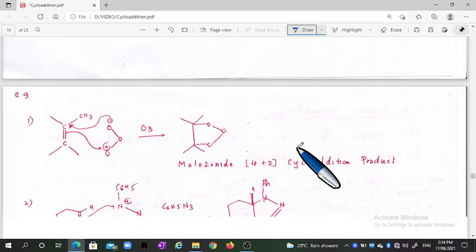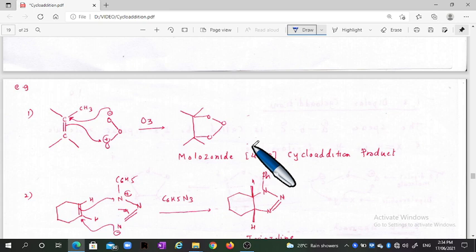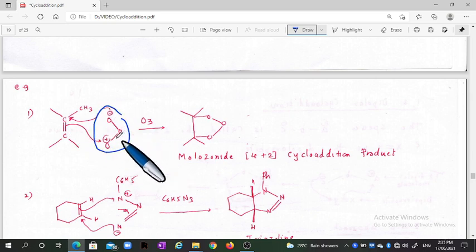Now some reactions of the 1,3 dipolar cycloadditions are given here. That is the ozone molecule, the lone pair is present here, that minus charge will attack on this carbon, and this double bond attacks this carbon, and you will obtain such type of compound.